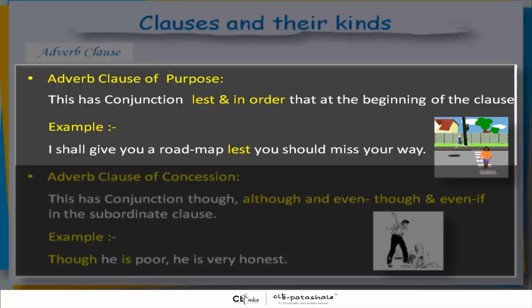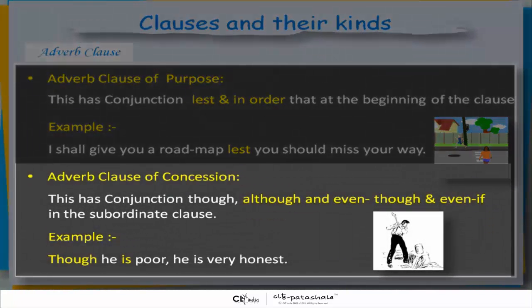Example, I shall give you a road map lest you should miss your way. Adverb clause of concession. This has a conjunction like though, although, even though and even if in the subordinate clause. For example, though he is poor, he is very honest.